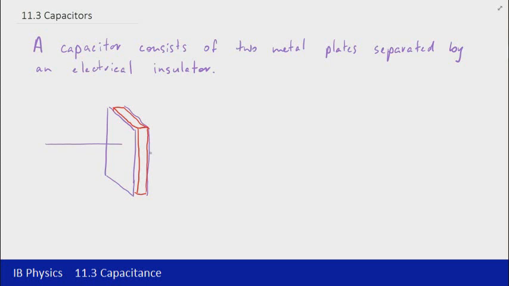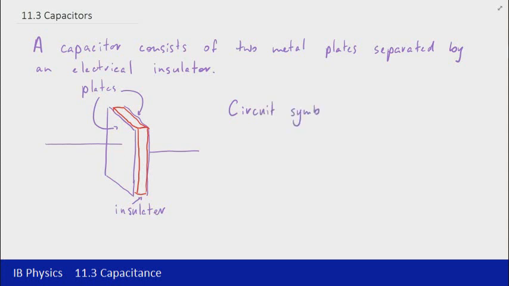So that's the basic structure: two plates either side, and the insulator in the middle. The two wires I've drawn off each side are the connecting wires that you would connect to the rest of the circuit.